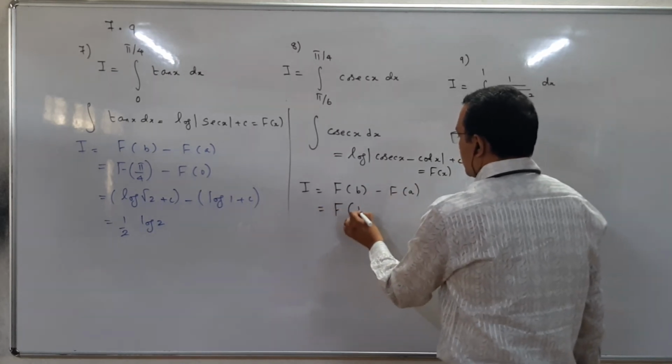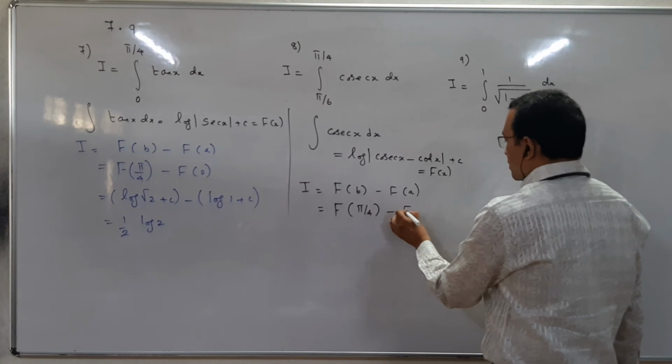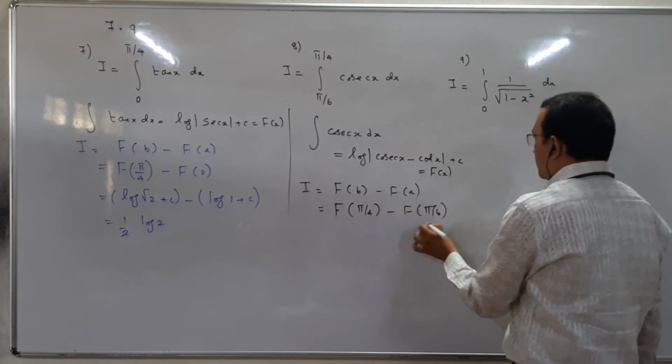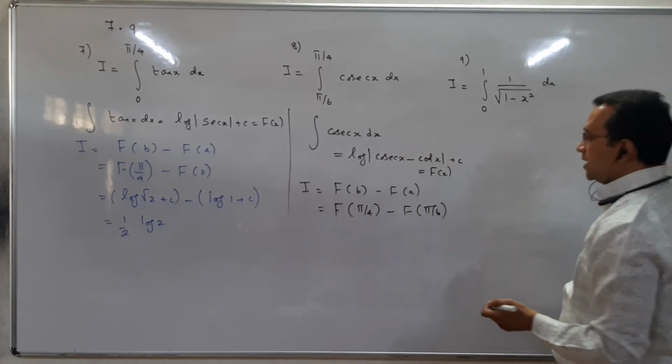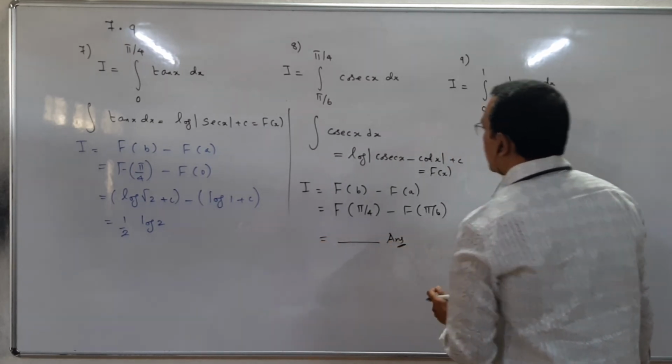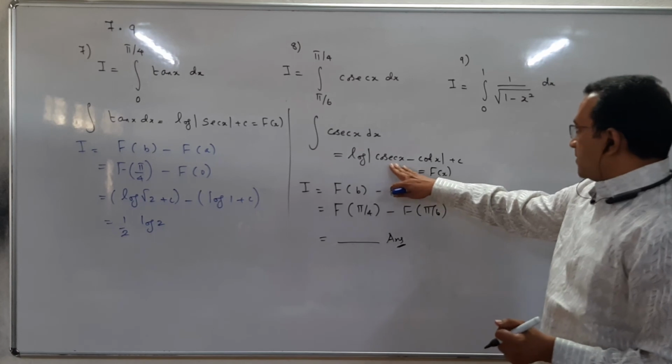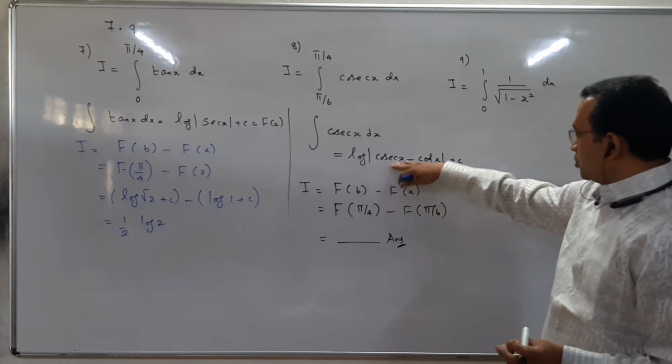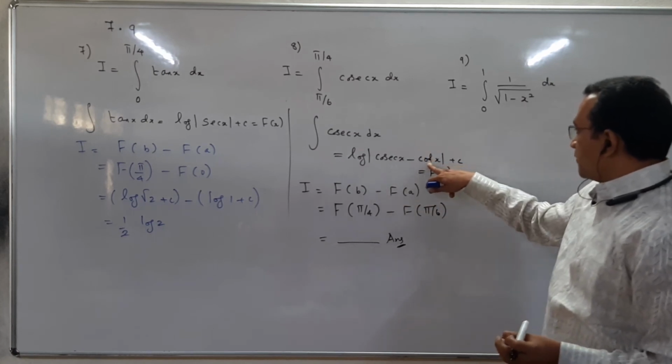This is F of pi by 4 minus F of pi by 6. Now I can leave these calculations for you to complete, students, and find out the answer. Cosec pi by 4, so here I should write root 2, and cot pi by 4 is 1.